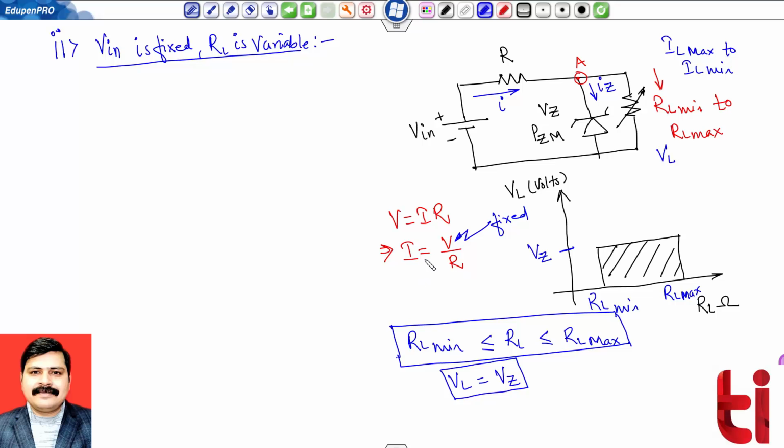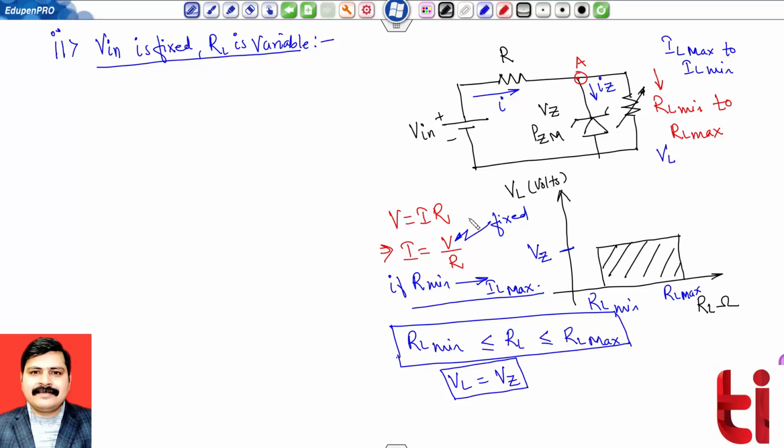I is inversely proportional to R. So corresponding to R minimum, I will have the value of current IL max. This is the important part we have to understand here.